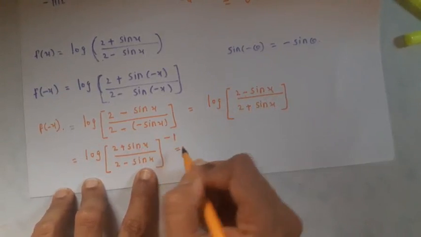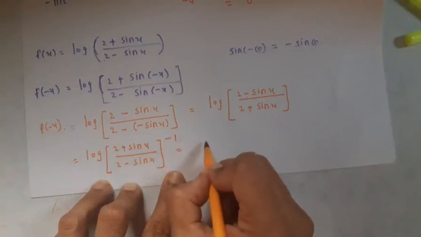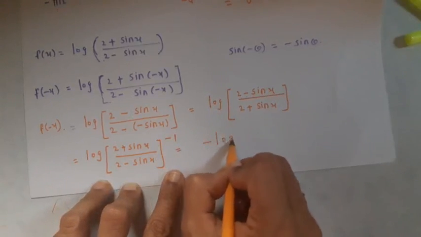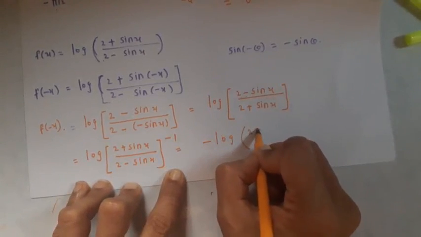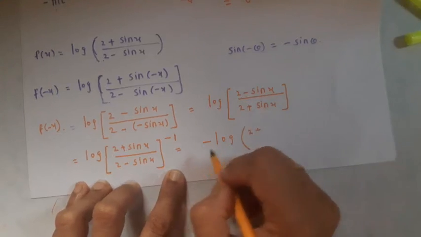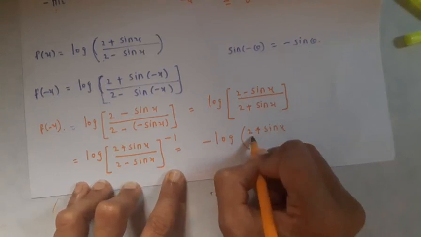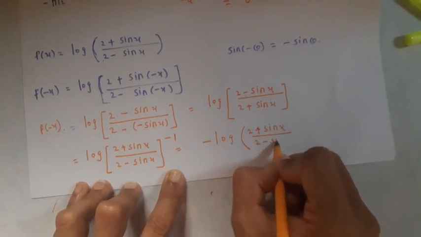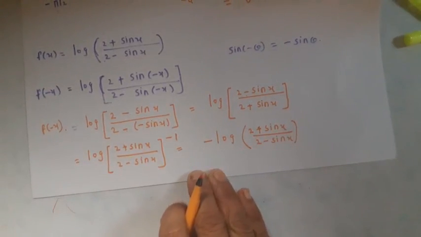How? By using the log of m raised to n formula, this is minus log of 2 plus sin x upon 2 minus sin x. How does it come?